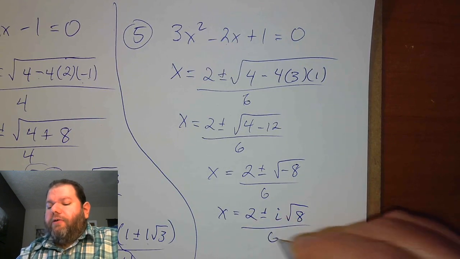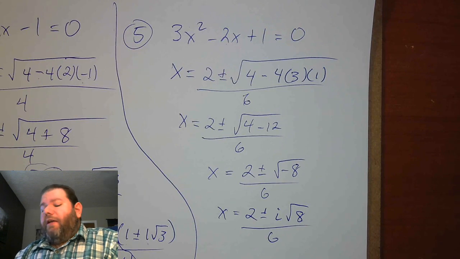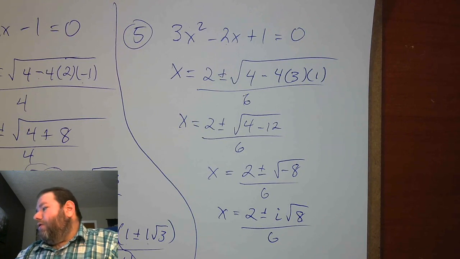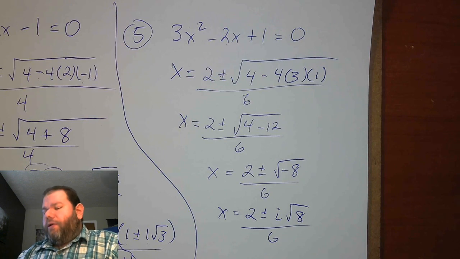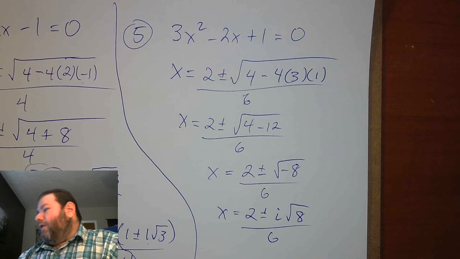The other thing, though, is we do want to simplify the square root of 8. Even though 8 is not a perfect square, it does have a perfect square as a factor, so there should be a way to simplify this expression. We know it's 4 times 2, good. And then again, we can take the square root of the 4, which brings a 2 outside and leaves the other 2 inside.